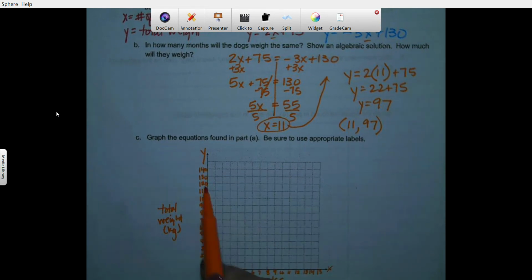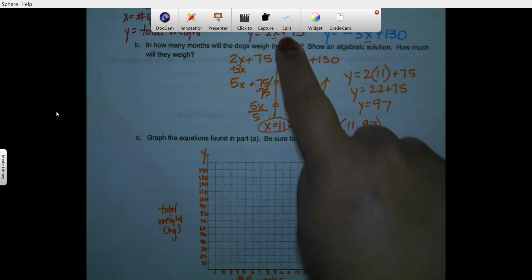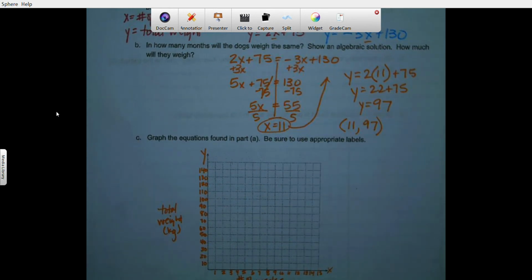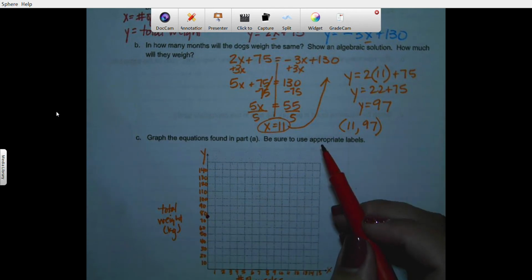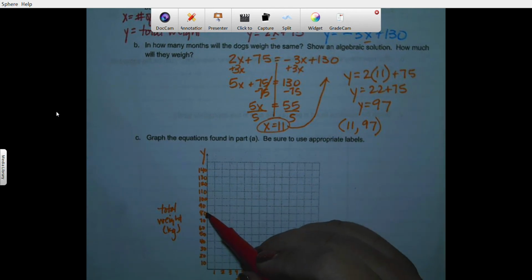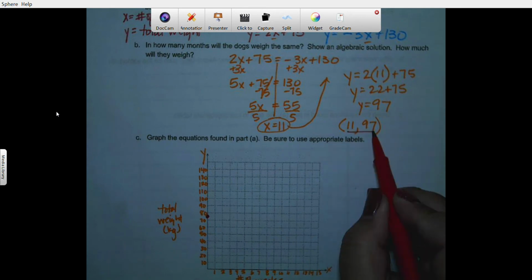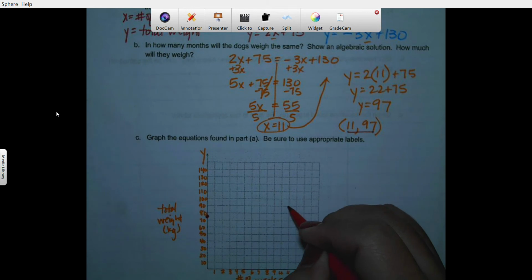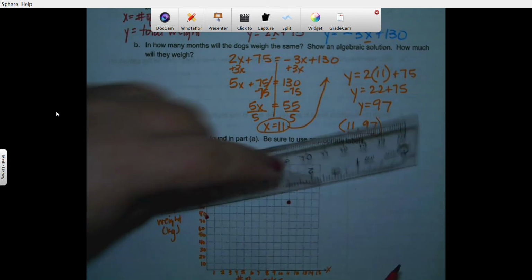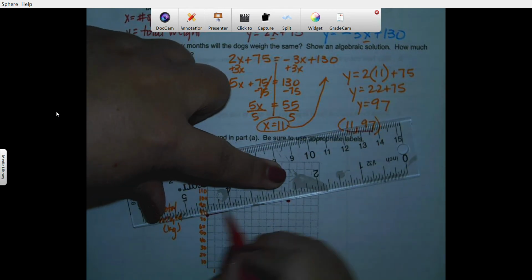So now that I made it, I'm going to switch colors and graph Apollo's equation back in red, starting at his y-intercept, 75. And it's hard for me to go up 2 over 1, because it's going to be in between so many. I'm going to go to this point right here, 11, 97. So at 11 weeks, go find 97, which is just shy of 100, and then use my straight edge and graph the line.